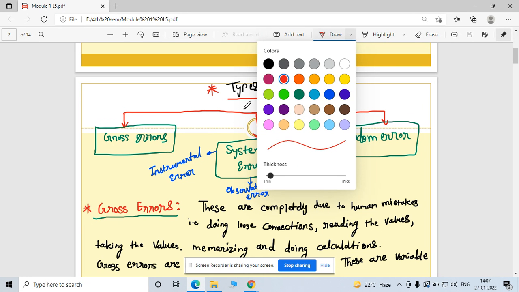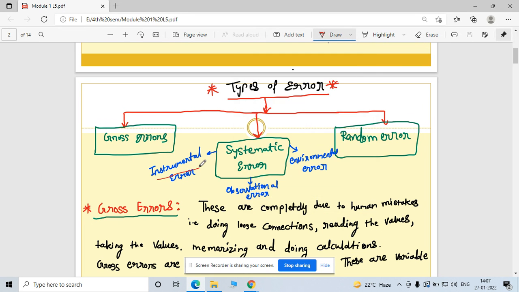First is instrumental error, second is observational error, and third is environmental error. So we will see what those are.